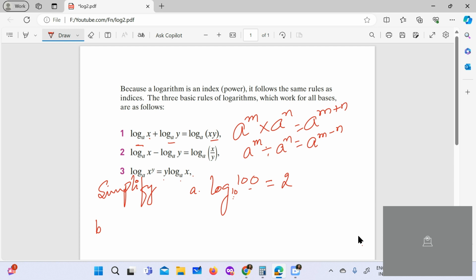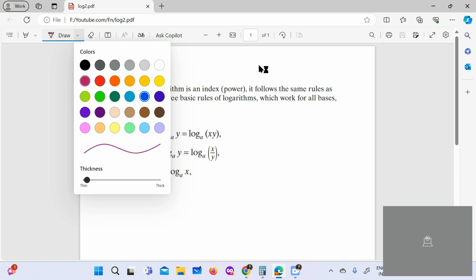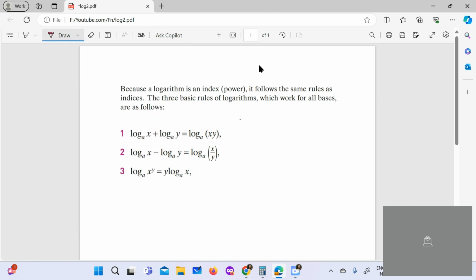Okay, now let's see another one. Suppose you have 2 log base 4 of 64. How can we simplify this?